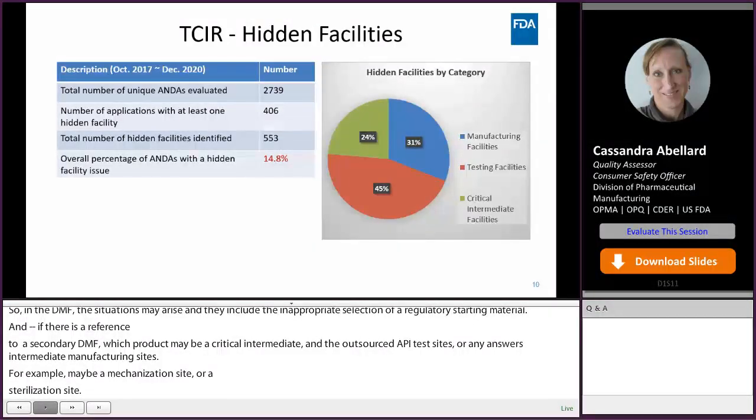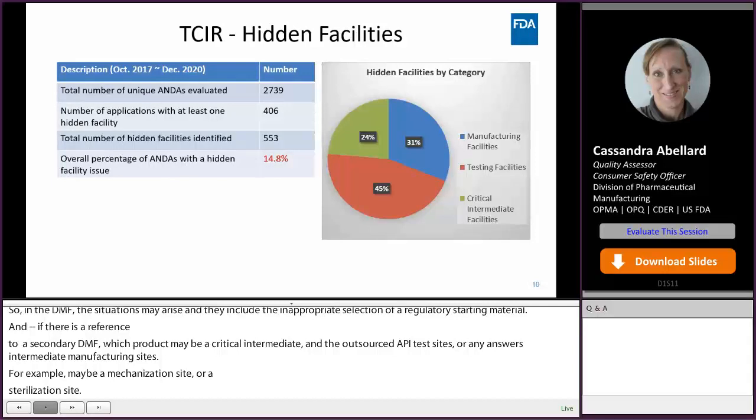So as a summary of the hidden facilities we've seen in the past several years, as you can see from October 2017 to about December 2020, the total number of unique ANDAs evaluated was about 2,700, and the number of applications with at least one hidden facility being noted was over 400.